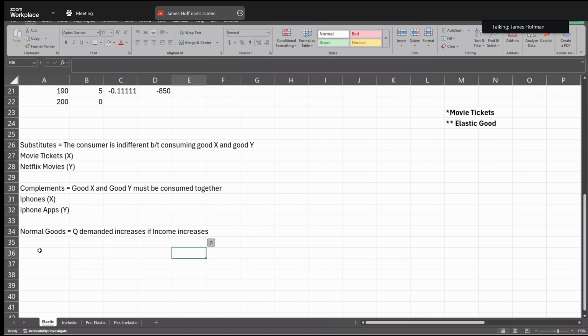Most things would be classified as this. So what's a normal good? When household income goes up, you buy more of it. Clothes, yeah, in general you buy more clothes. Maybe that's a bad example.